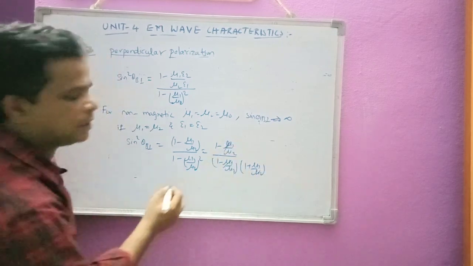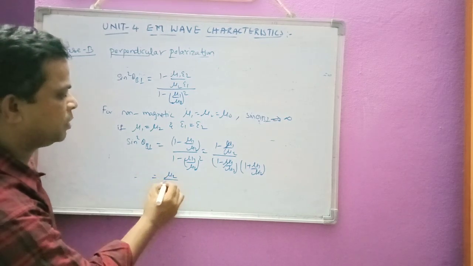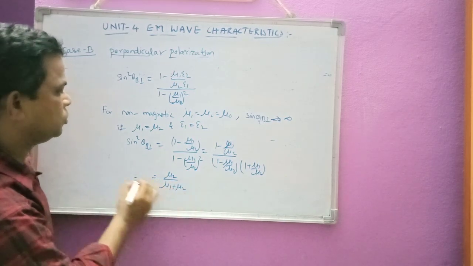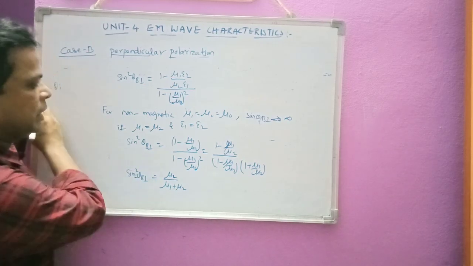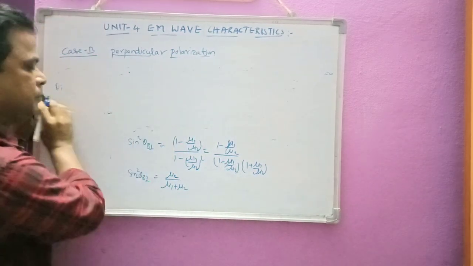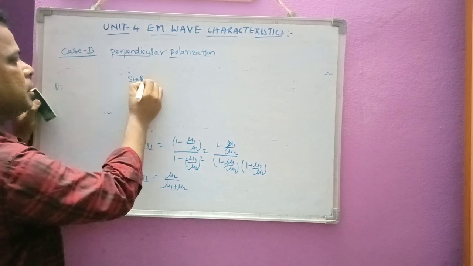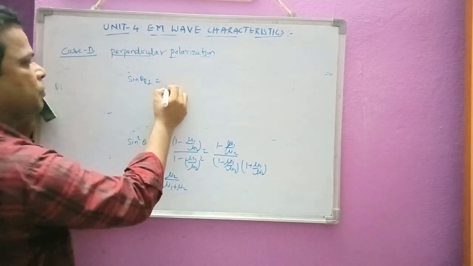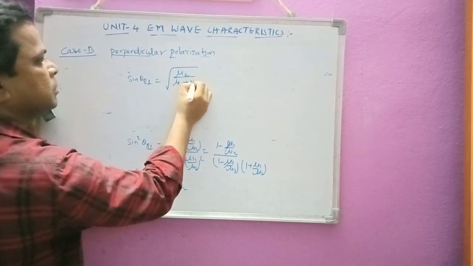This one will be cancelled. So now I can write sine square theta b perpendicular as mu 2 by mu 1 plus mu 2. Now I can write the final expression for sine theta b perpendicular as the square root of mu 2 by mu 1 plus mu 2.